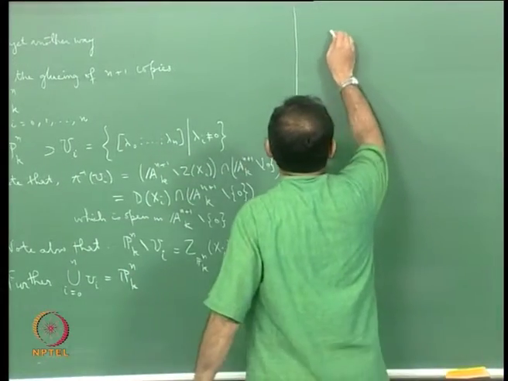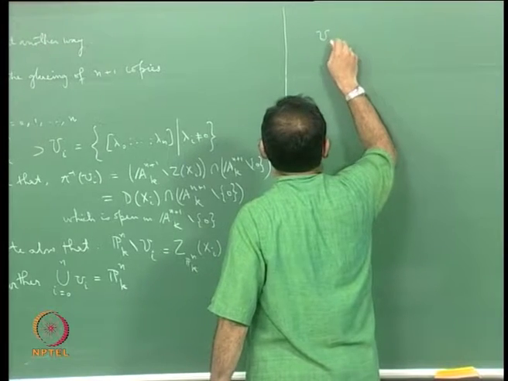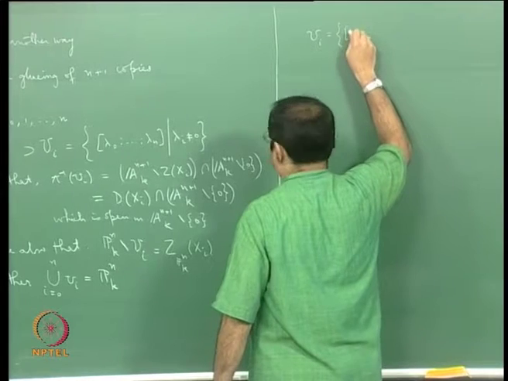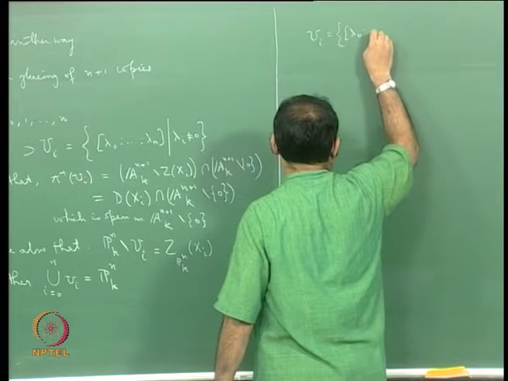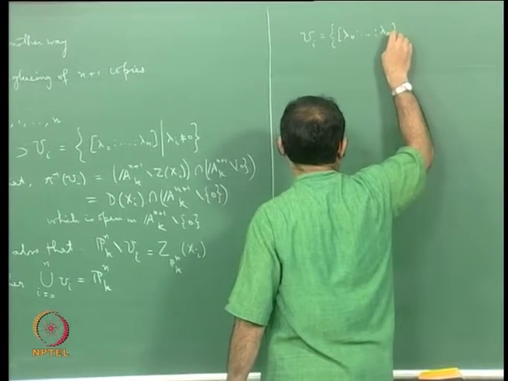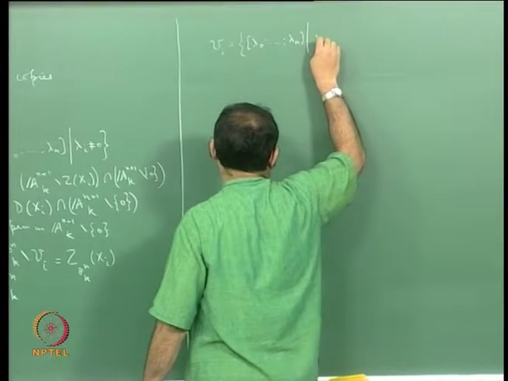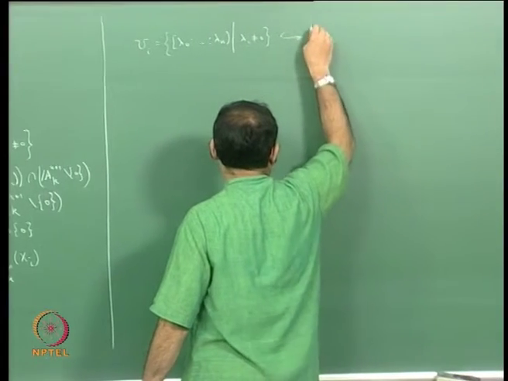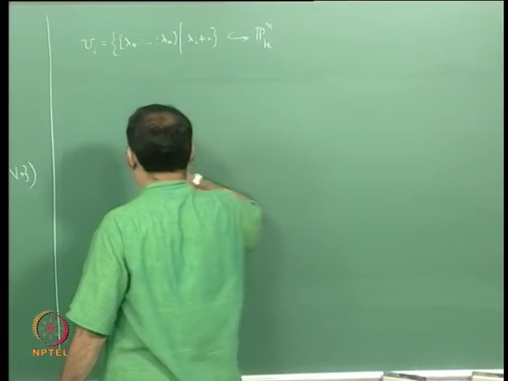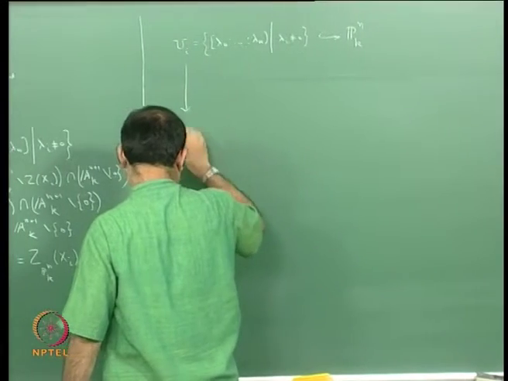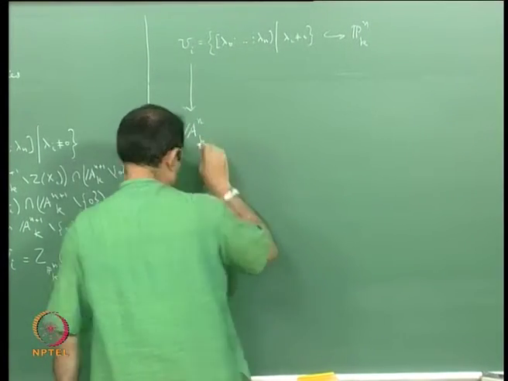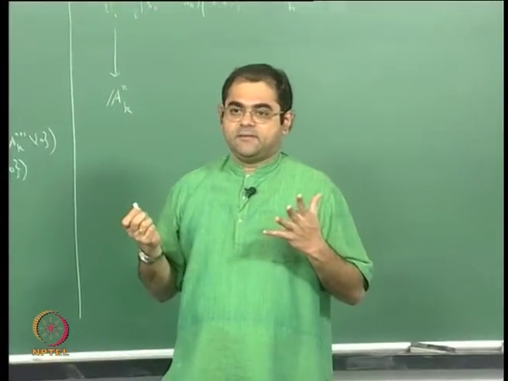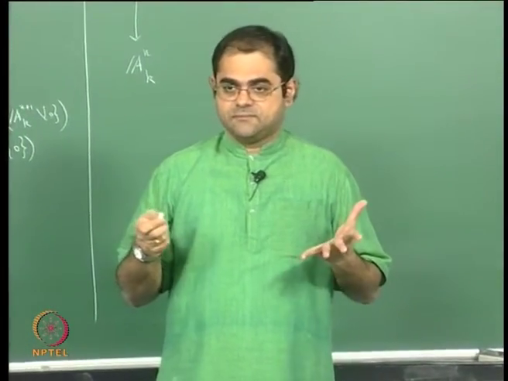So what I am going to do is, you take this UI, which is the set of all points in Pn, in homogeneous coordinates, such that the ith coordinate is not 0, which is a subset of Pn, and you define a map like this into An. The point is that each UI is automatically an affine n space.